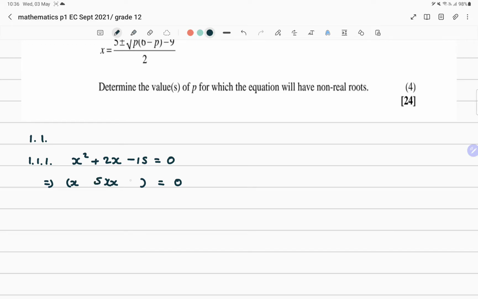So this is going to be a 5 and a 3. But now the 5 must carry the sign of the middle term. And then that one will help us get to the original. So once you've gotten to this stage, you know that each bracket is equal to 0. So effectively x is minus 5 or x is equal to 3. All right, so those are the solutions.